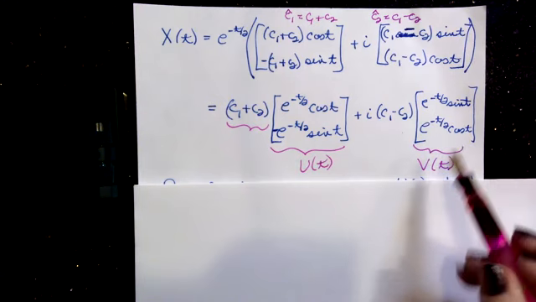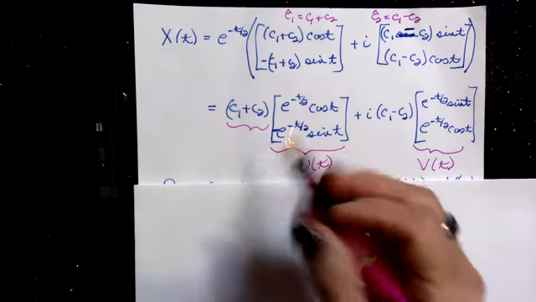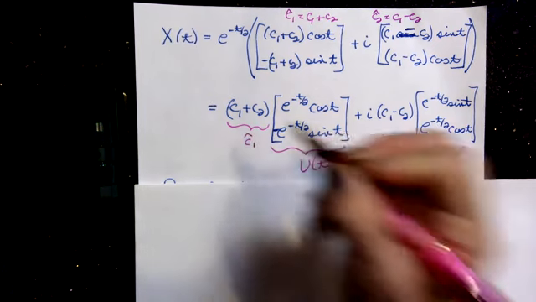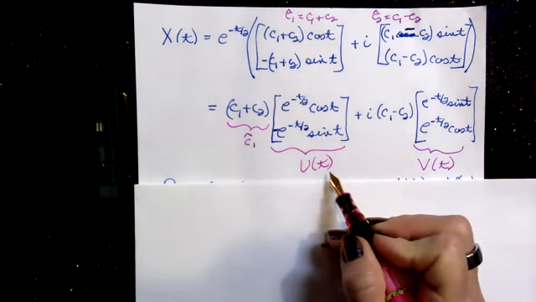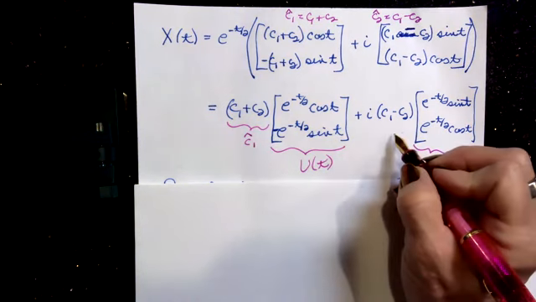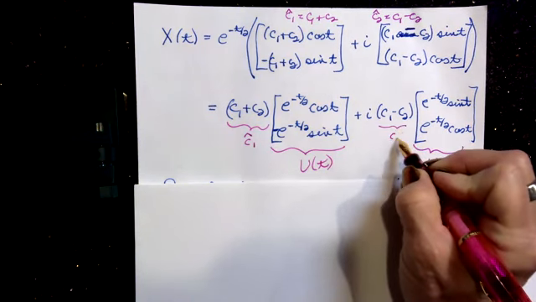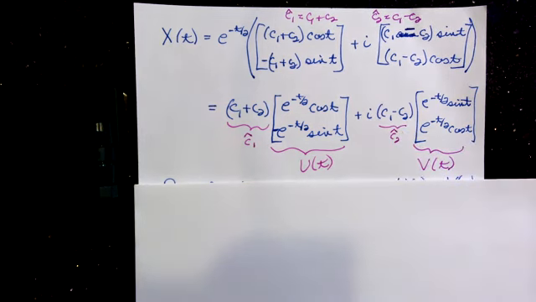So think of this as two functions: a constant, that's my C1 hat, times u of t, plus I times another constant, that's my C2 hat, times v of t.